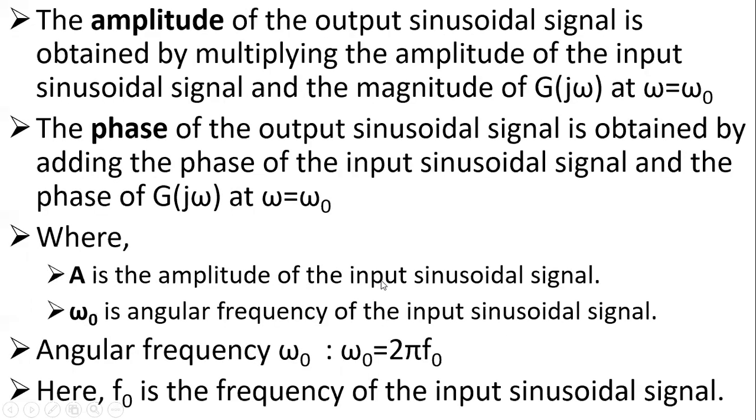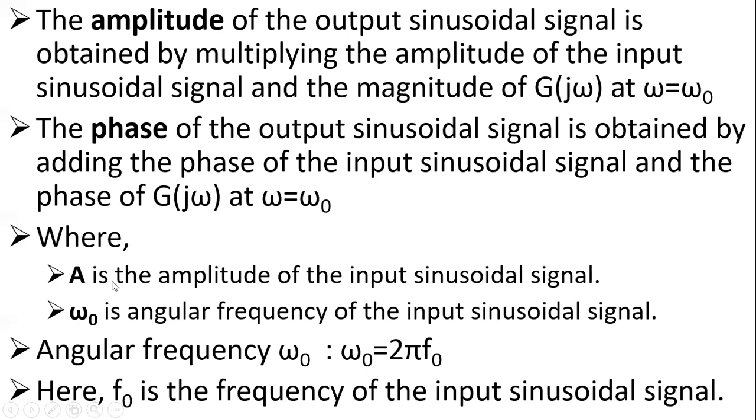So the amplitude of the output sinusoidal signal is obtained by multiplying the amplitude of the input sinusoidal signal and the magnitude of G of j omega at omega equal to omega naught. The phase of the output sinusoidal signal is obtained by adding the phase of the input sinusoidal signal and the phase of G of j omega at omega equal to omega naught.